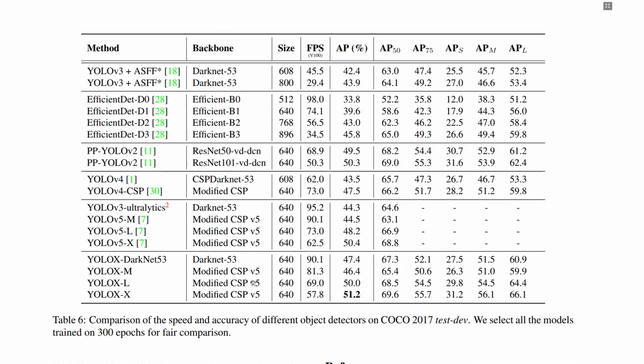On this table 6, we have a summary of all those comparisons. You'll see clearly from here that our best average precision is gotten with this YoloX model right here, which uses this modified CSPNet model that's also used in the YOLO version 5 model.